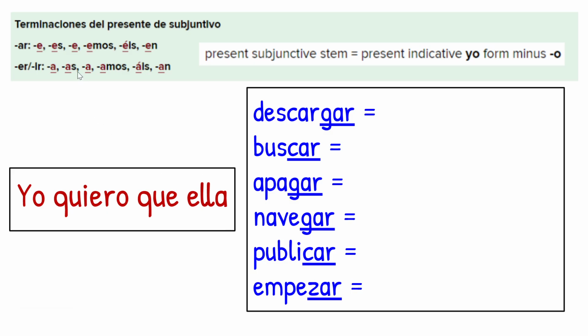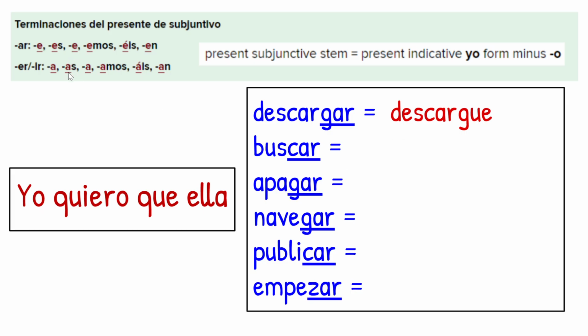Ella is going to be third person singular. Descargar would be descarga, right? But I'm changing to the opposite vowel, which means I would change that A to an E, and that would make this be a soft G. So I need to put the U to make it descargue.